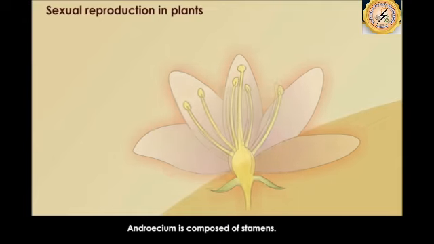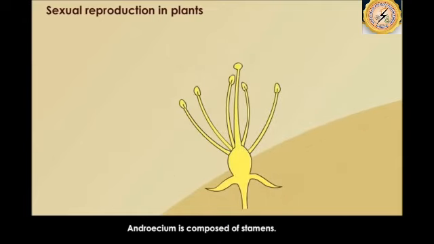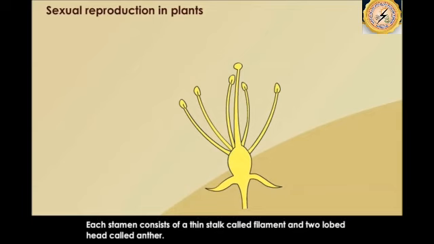Well, androecium is composed of the stamen. So a single unit of the androecium is basically said to be a stamen. And each stamen mainly consists of a thin stalk known as the filament and the two bilobed head known as the anther. And basically inside the anther, the pollen grains are mainly present.